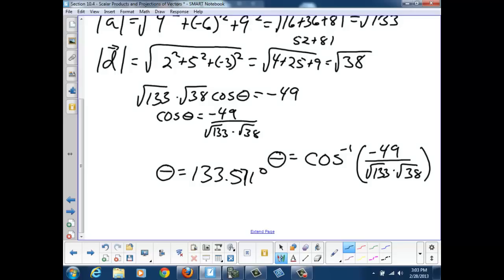Which confirms our initial estimate that theta was going to be obtuse.